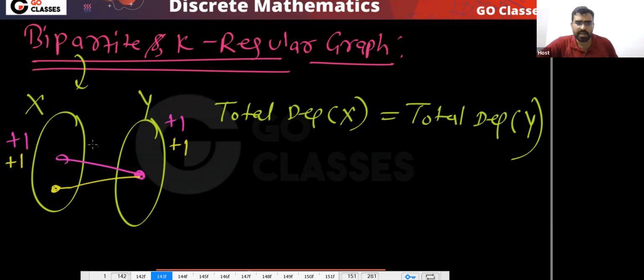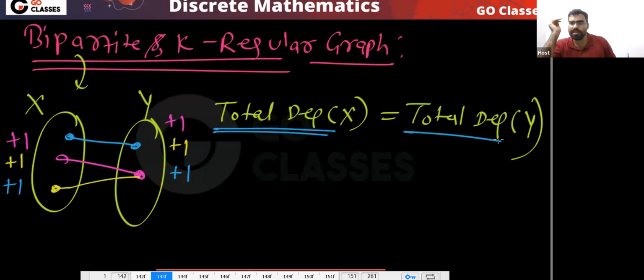So every edge gives +1 to this part and +1 to this part. So the total degree of X will always equal the total degree of Y.